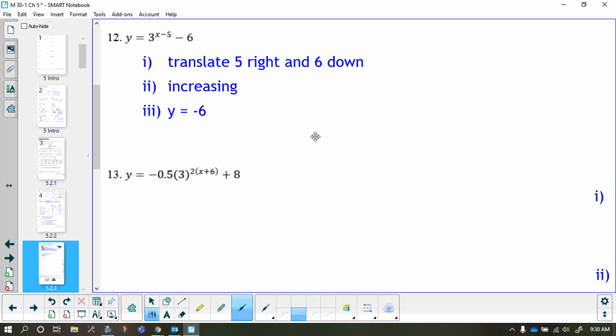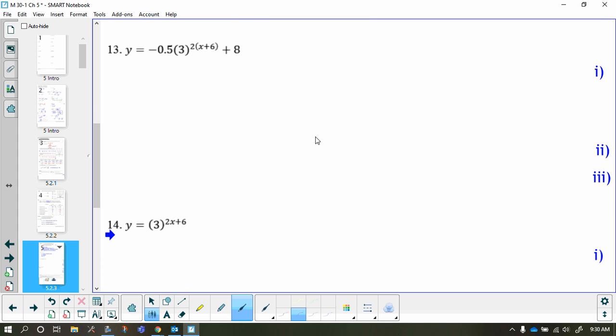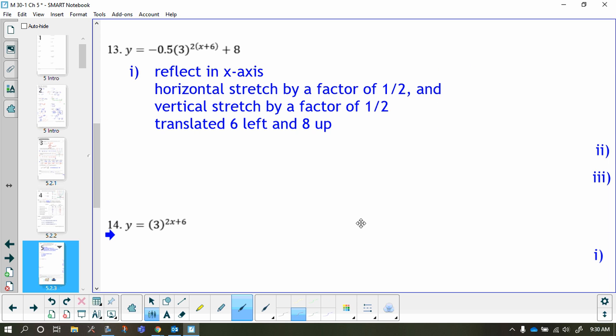Second last, number 13. Again, pause the video, try this question, and restart when you're ready to compare with my answer. Reflection in the x-axis, horizontal stretch by a factor of 1/2 because of that 2 multiplied in the exponent, vertical stretch by a factor of 1/2 because of the 0.5 out in front, and again, remember the negative is the reflection, it's not part of the stretch.